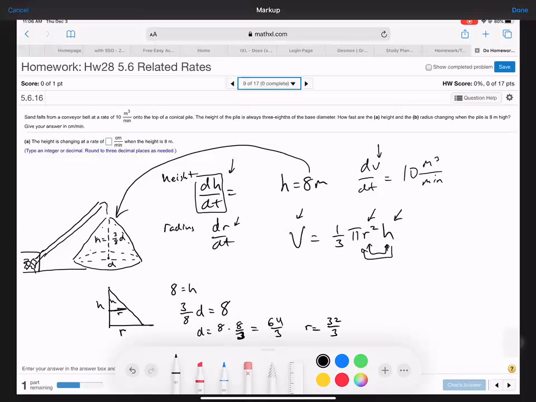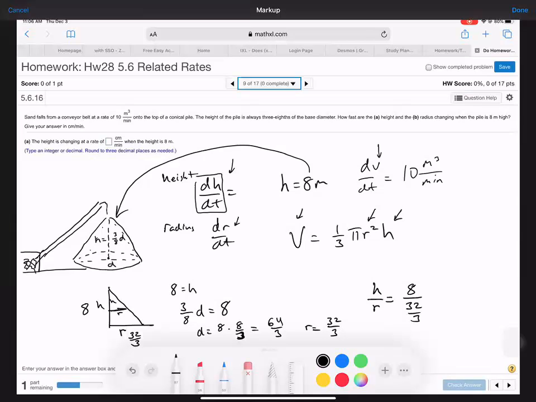So here is the trick to changing one variable for the other in cones. This works for almost all cones. If I told you the radius is 32 over 3 and the height is 8, what we do is say h over r is equal to 8 over 32 over 3.